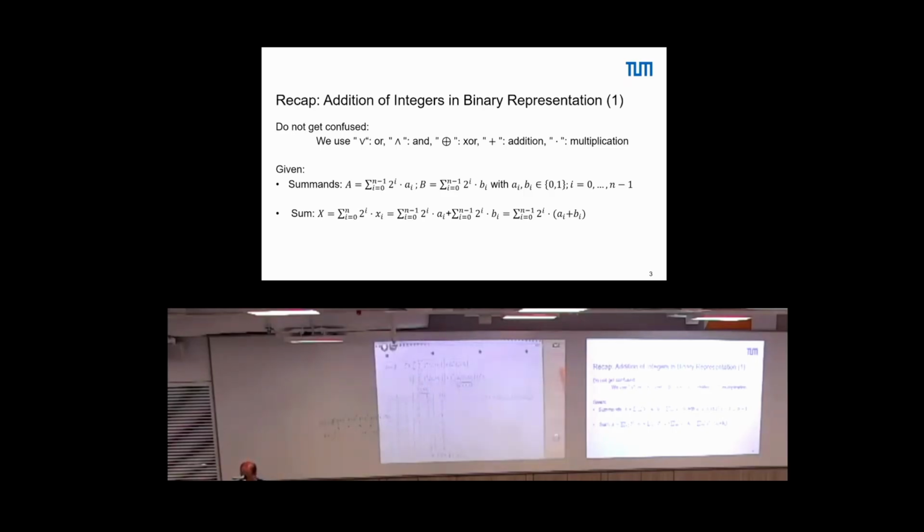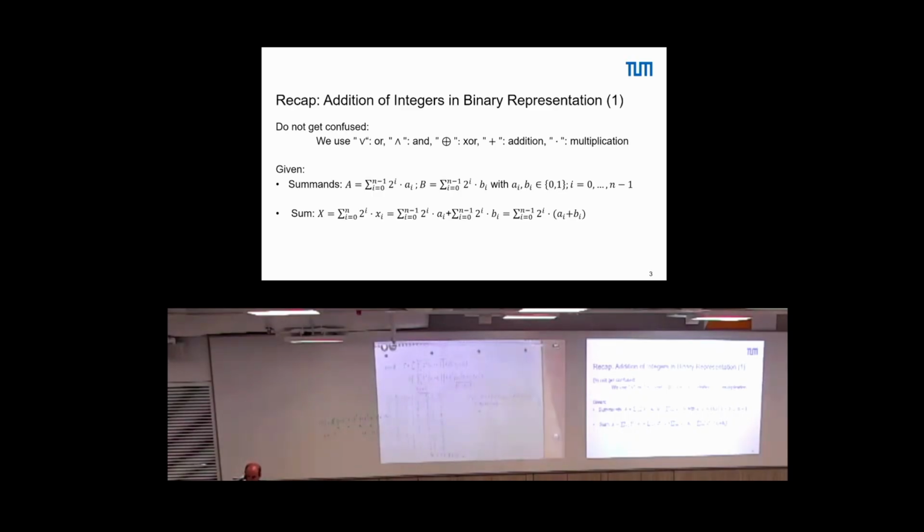So we have the first term is Ai and Bi, or then I write down this term here as Ai and Bi and Ci minus 1, or Ai and Bi bar and Ci minus 1, yeah?